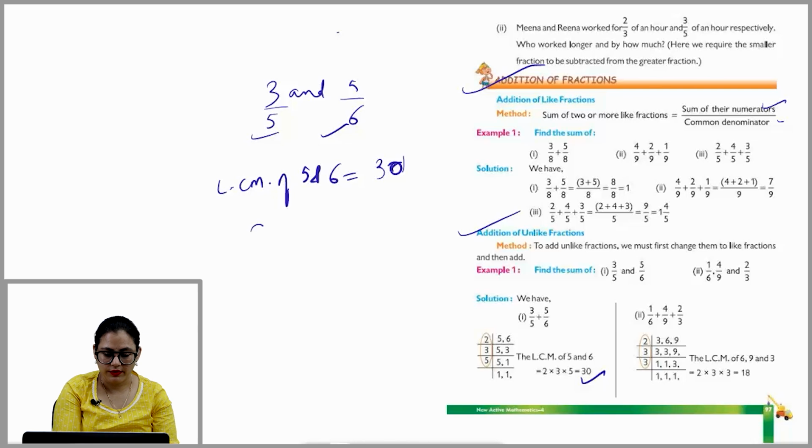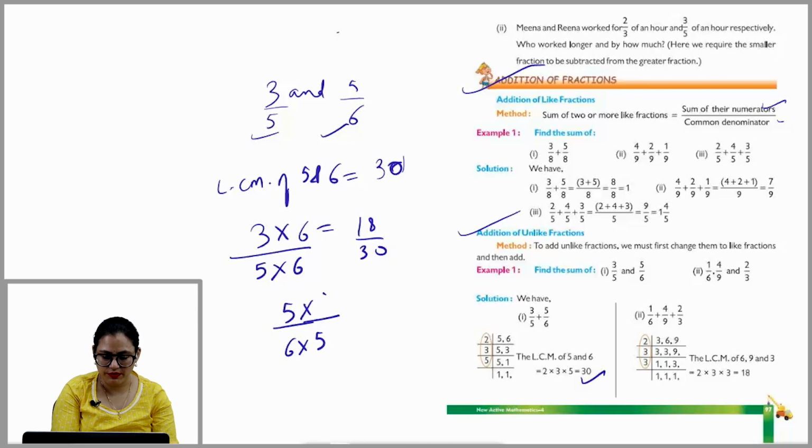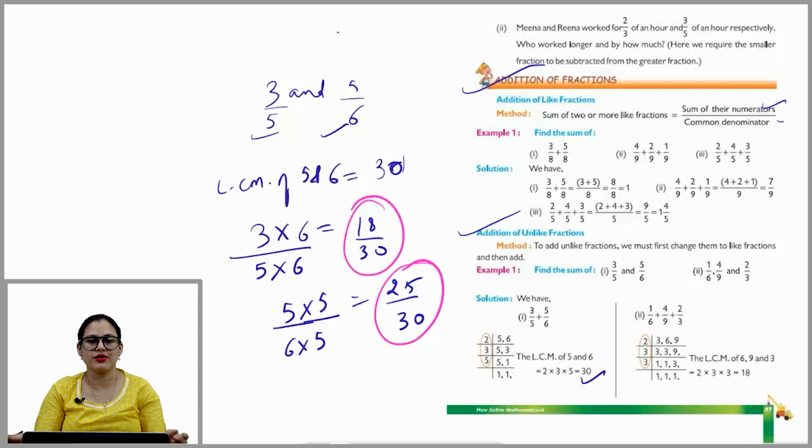Now, in this fraction, we will make the denominator 30 by multiplying 5 by 6, and we also multiply 3 by 6. So this is 18 by 30. Next fraction is 5 by 6. We will multiply 6 by 5 and 5 by 5. So 25 by 30. Now we have converted these unlike fractions into like fractions.